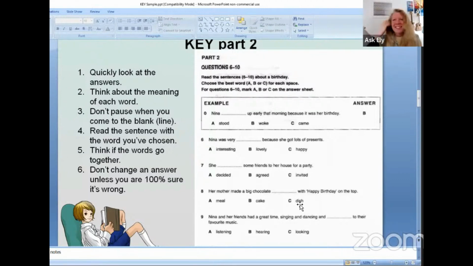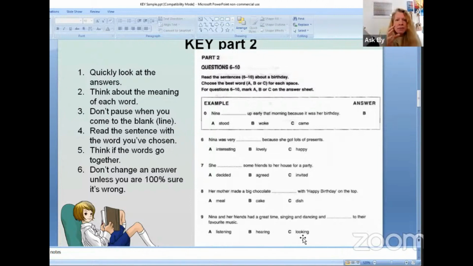Yeah. Okay. The next one is listening, hearing, looking. Now be careful, be careful. Listening is a little bit different than hearing. Listening, it's something you're actively doing. You're listening for something. You're listening to music. You're listening to this lesson, right?